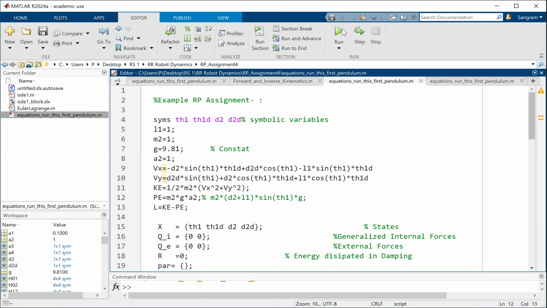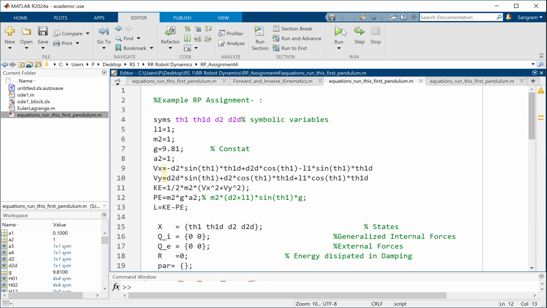So will the mass not register as an external force? No, mass is already included in the energy terms. There is no external force. An external force would be like if you have an external force F of T, but there is no force, or if you have an external controller.